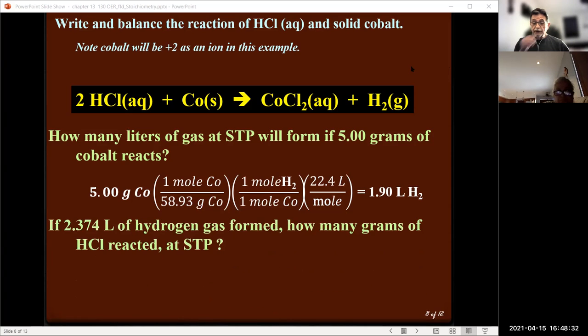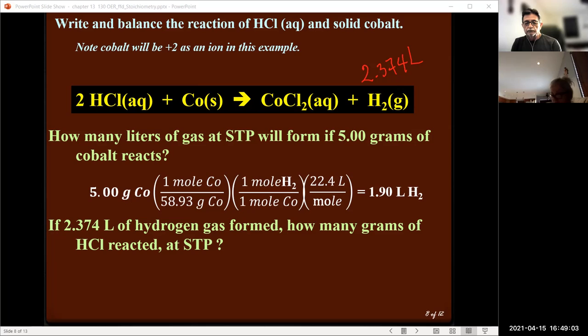Okay, so now we've got a second question. This one says, if you have 2.374 liters of hydrogen gas formed, how many grams of hydrochloric acid reacted? Here they're telling you that the reaction already happened and it was measured, and the amount of hydrogen measured came out to be 2.374 liters.